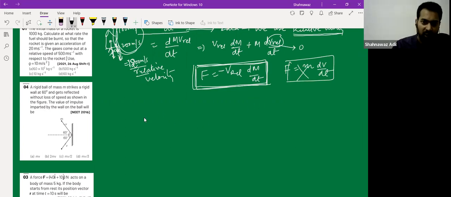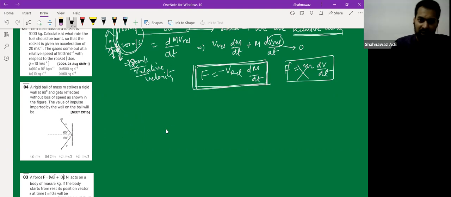And one more thing before I solve this question: let's say you guys are familiar with free body diagrams? Are you familiar with the free body diagram? Which has arrows where the forces are.